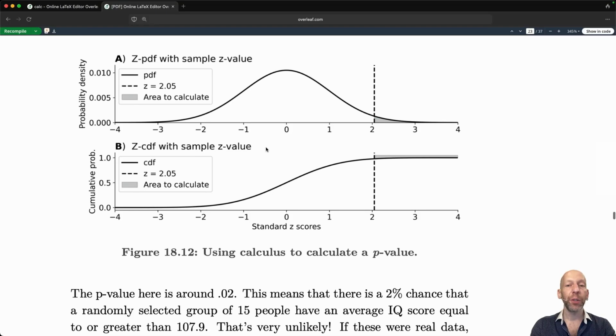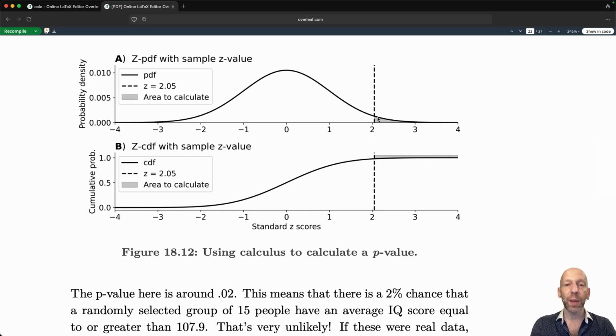But first, I want to show you figure 12 just as a reminder of what we're doing, what these different methods are. Two different methods of calculating the p-value. So imagine we have a z value of, in this case, 2.05, but for this exercise, you're using a value of exactly 2.